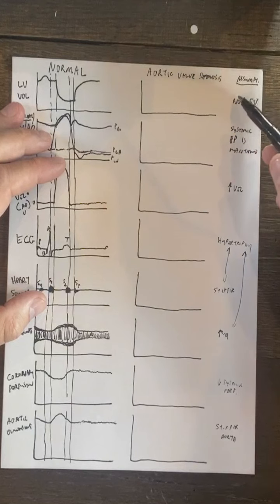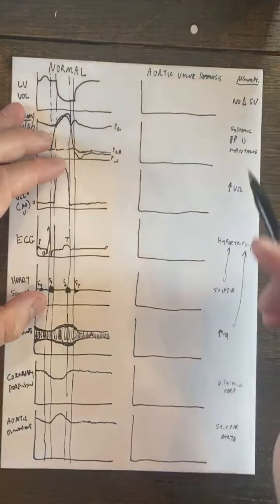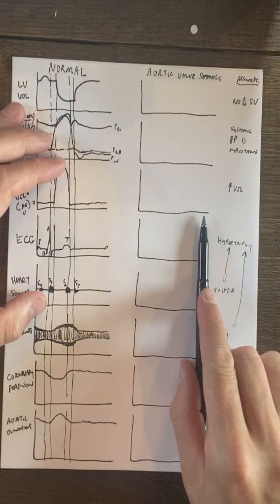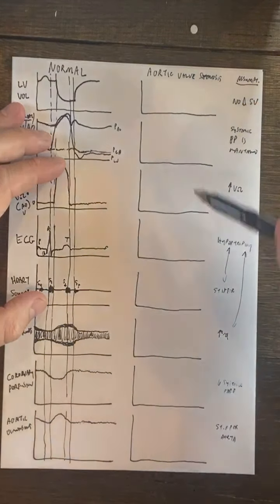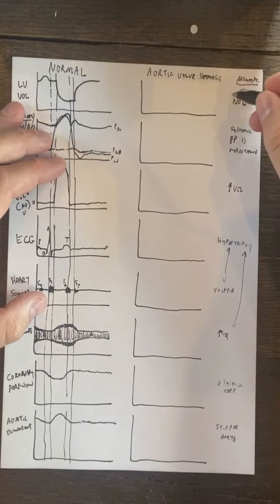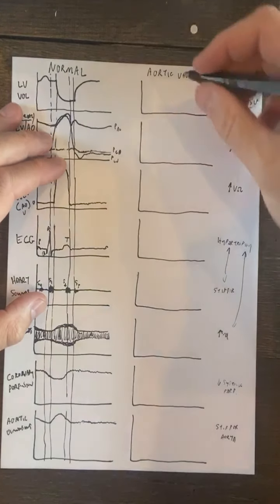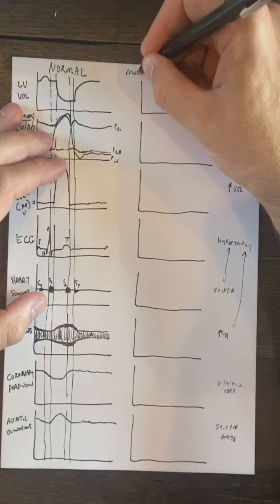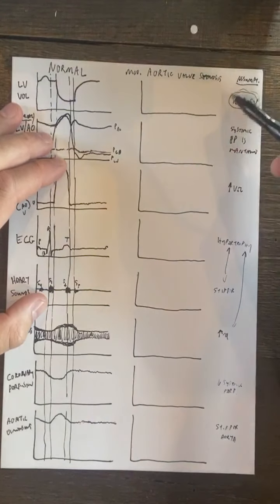So subsequently, we're ejecting out the appropriate amount of blood per beat. So we probably aren't going to increase heart rate significantly. But if you were going to increase heart rate, you want to make sure to compress this horizontally. But we're making the assumption that under these conditions of moderate aortic valve stenosis, the stroke volume is preserved.